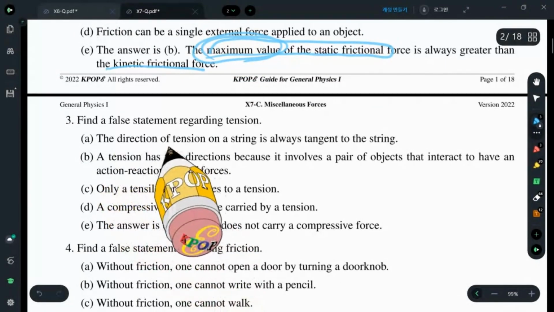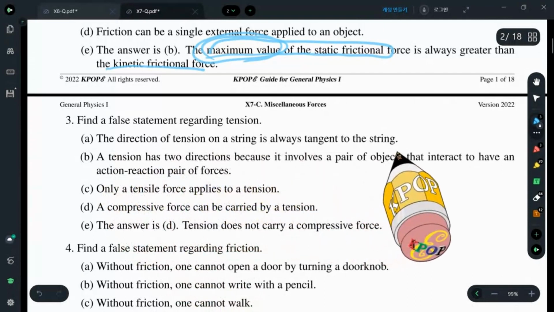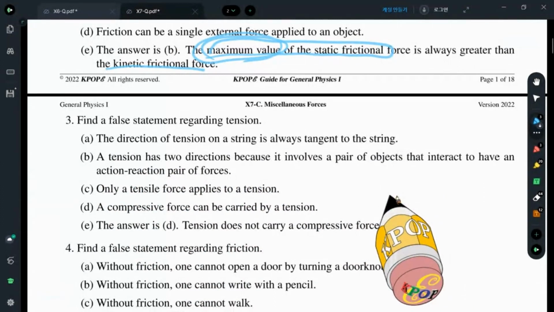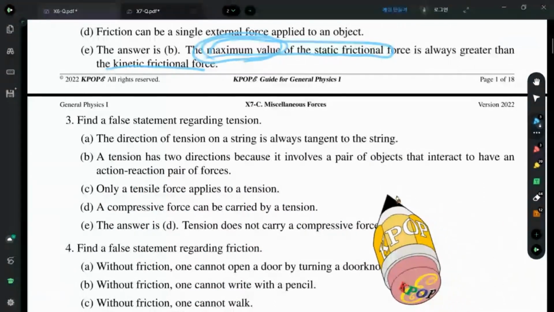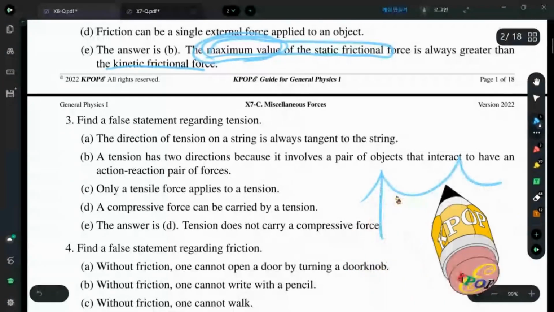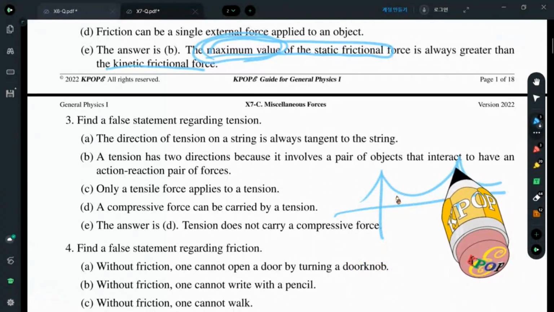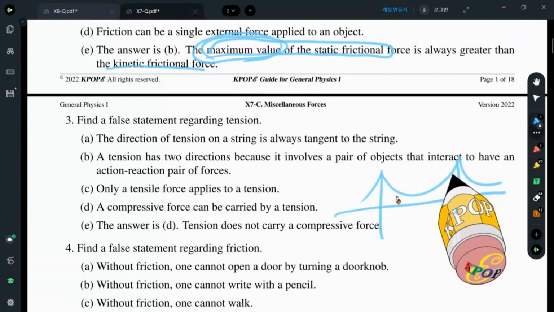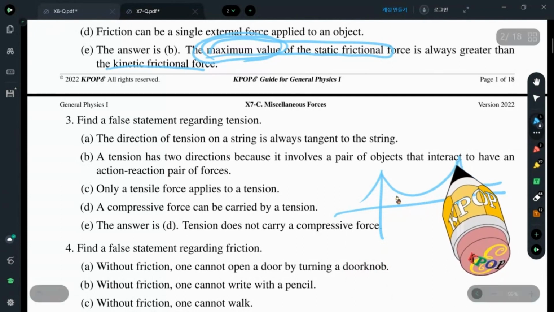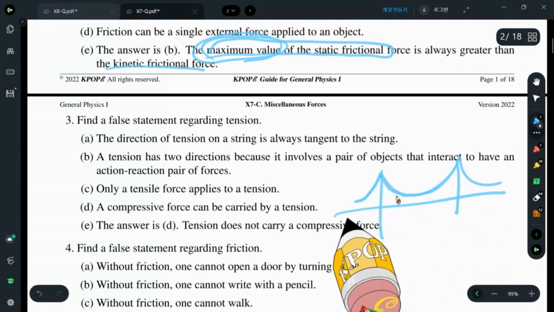The direction of the tension on a string is always tangent to the string. For example, we consider a suspension bridge. There's a bridge, and at the tension, usually we do not consider the weight of the string or wire.